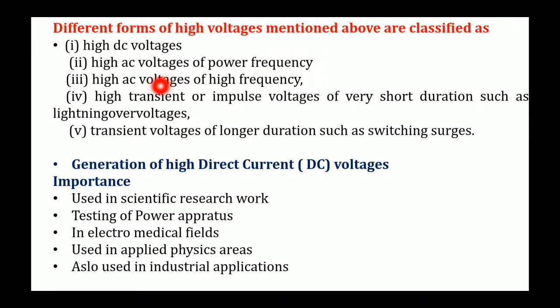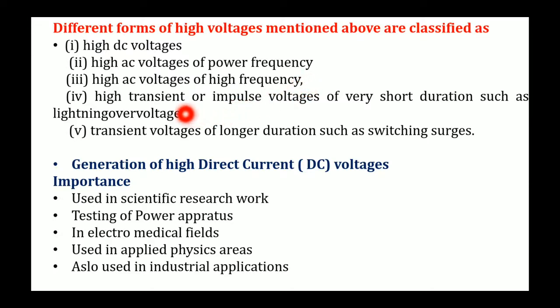The third one is high AC voltage of a higher frequency, in the range from 30 to 300 megahertz. How it is generated, we will also discuss in further classes.